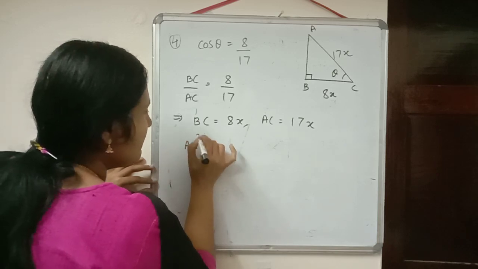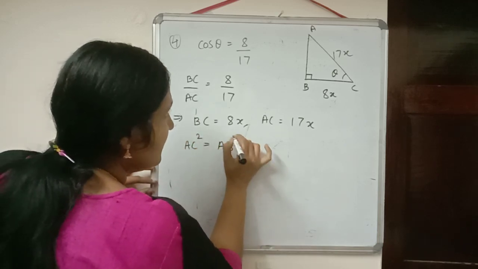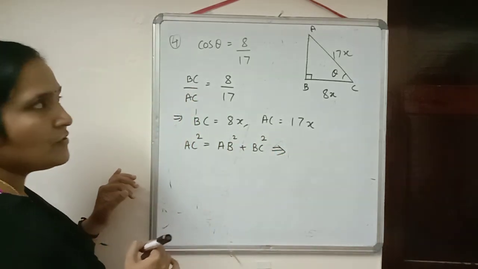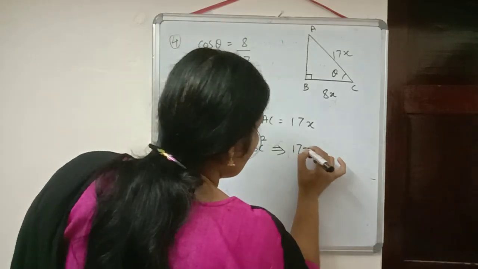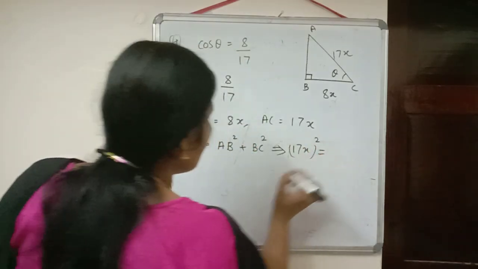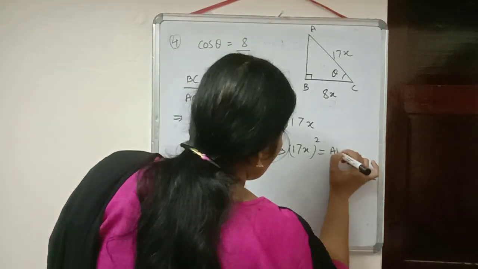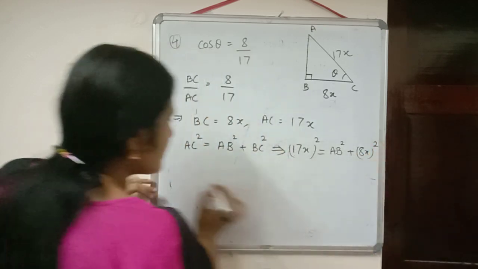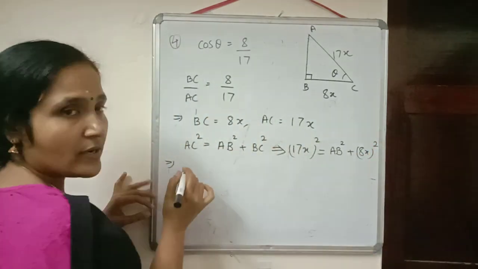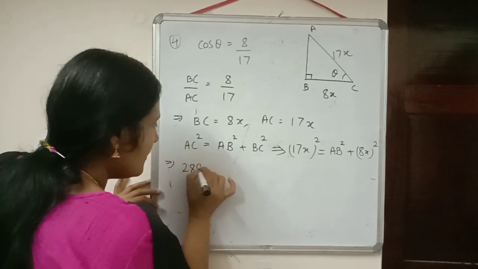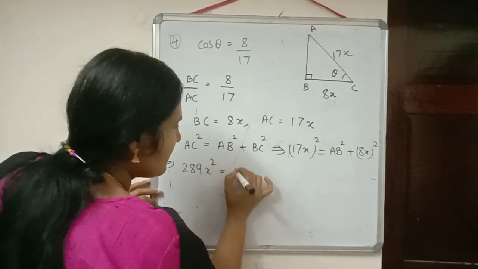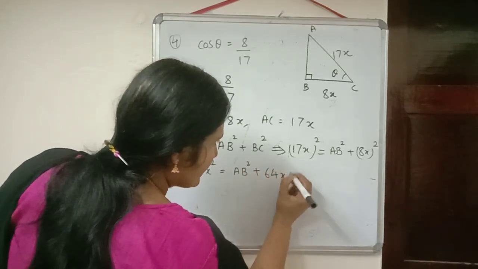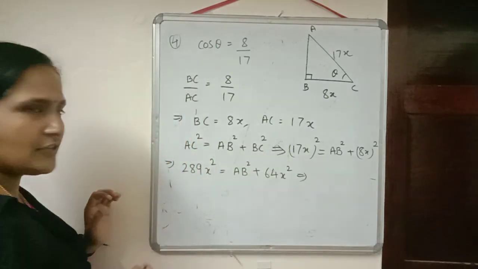So just write down in triangle ABC, by Pythagoras theorem we can write AC square is equal to AB square plus BC square. Now substitute the value. What is AC here? 17x. So 17x the whole square is equal to AB square we have to calculate plus BC square. So 8x the whole square. 17x the whole square, that will come is equal to, yes, 289x square is equal to AB square plus 64x square. 64x square we can shift to left hand side.